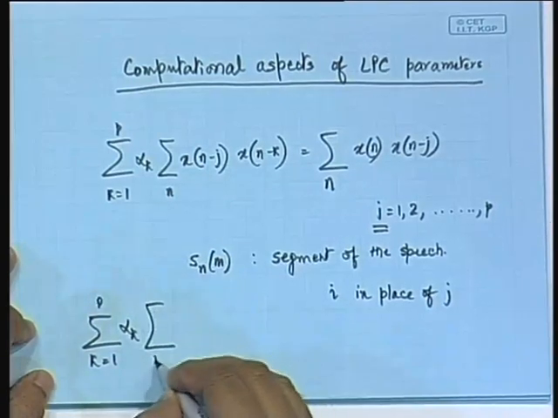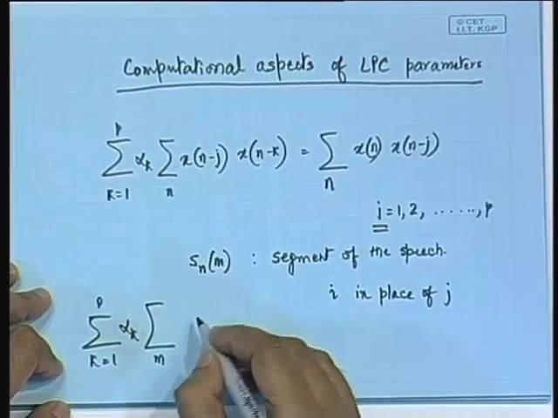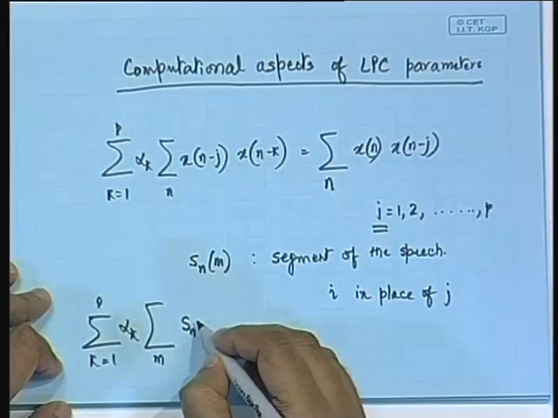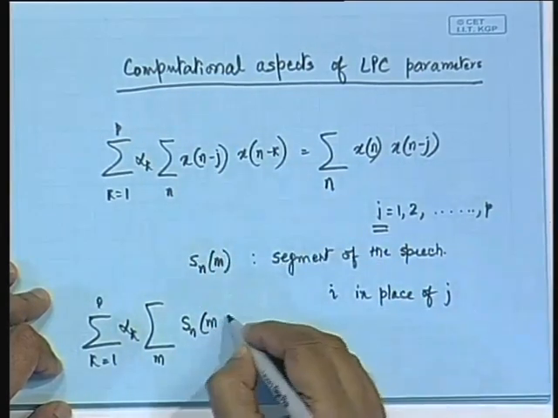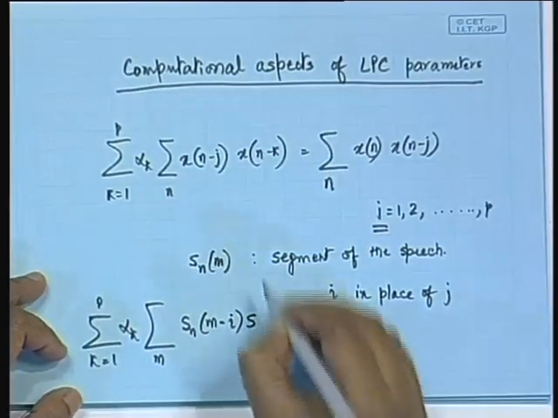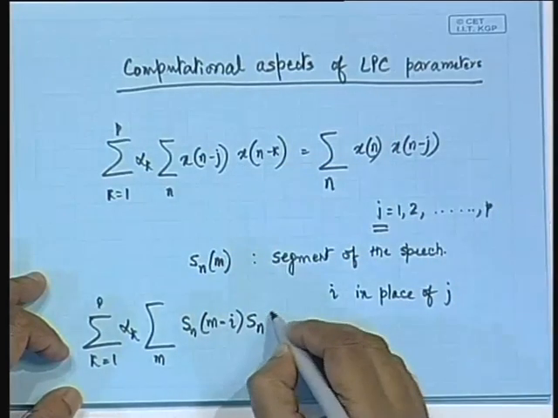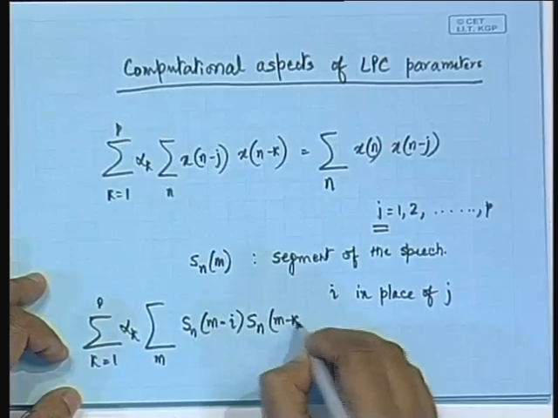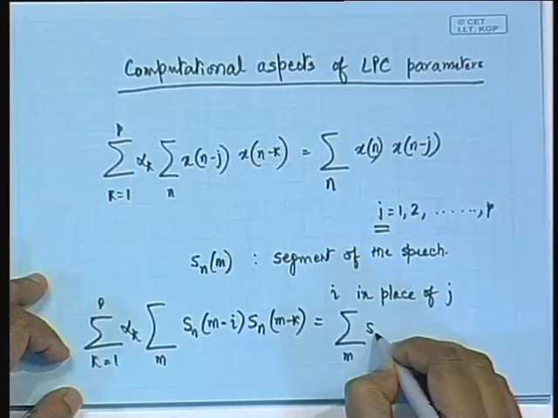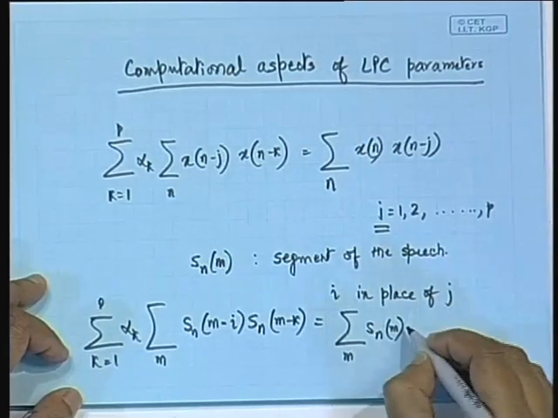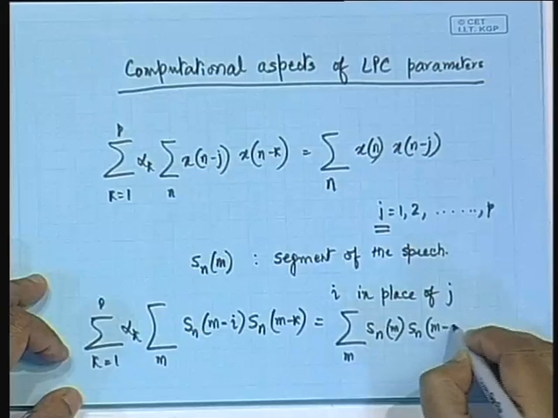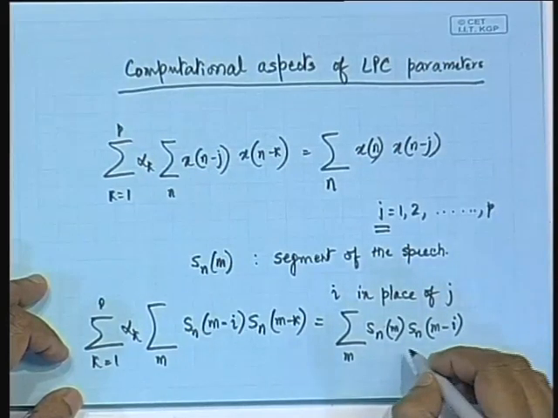And this summation should be over m, with Sn of m minus i, and then the next product will be Sn of m minus k, and this will be equal to the summation over m of Sn of m multiplied by Sn of m minus i. And we still have p equations.